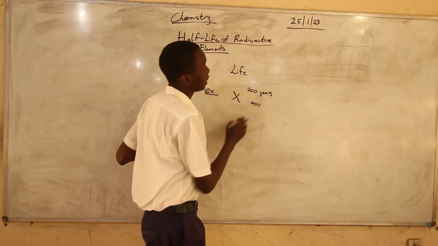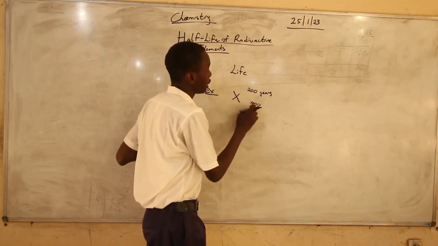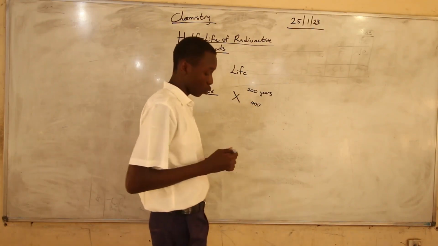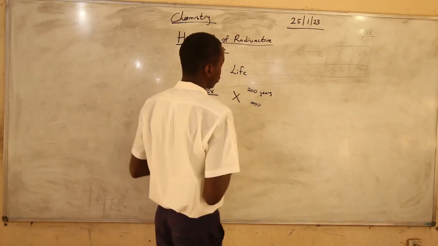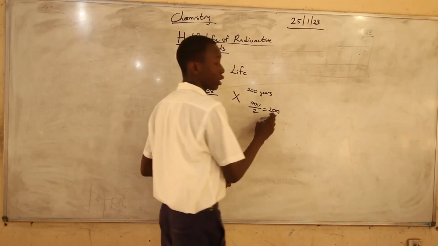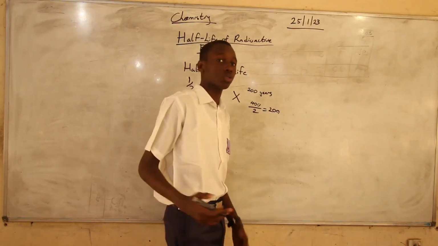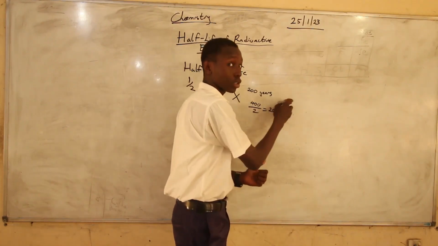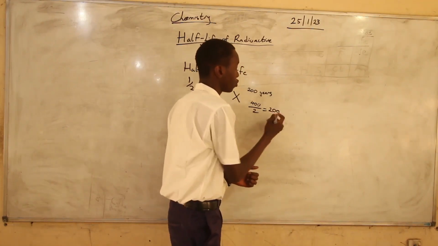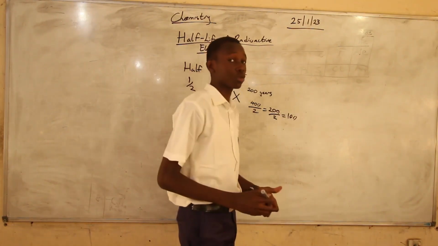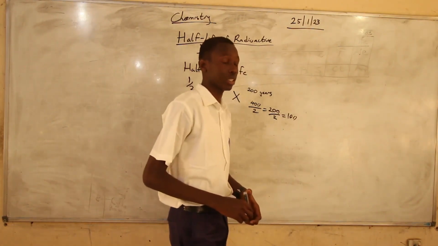This means that at the end of 200 years, the 400 atoms of element X will be divided by 2, which means 400 divided by 2, which is 200. 200 atoms will be disintegrated, while 200 atoms will be left. Then after another 200 years, which is 400 years, out of this 200, it will also be divided, which is 100. So 100 atoms will be left, 100 will be disintegrated.